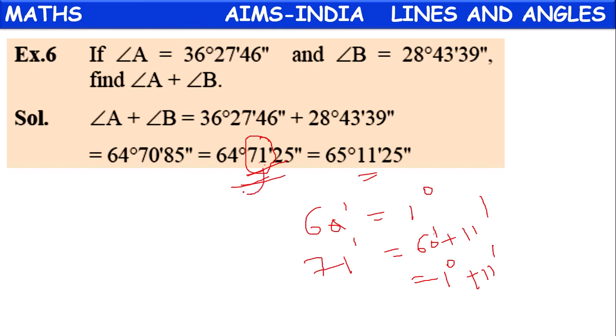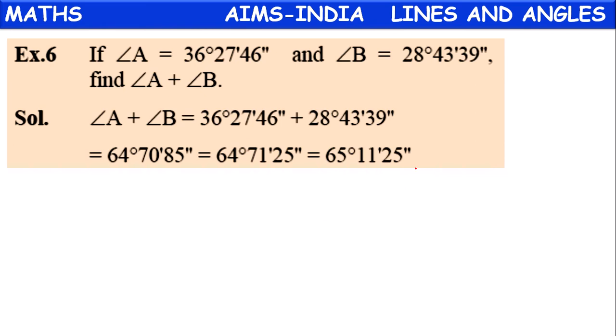That will be added to the front degree: 64 degrees plus 1, 65 degrees. So like this, we can write it as 65 degrees 11 minutes 25 seconds. When we have more than 60 minutes or 60 seconds, that value is added to the previous value.